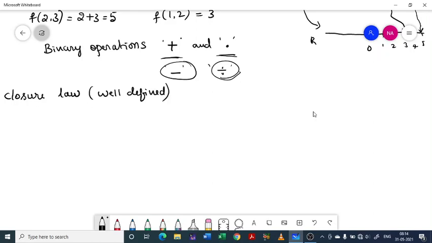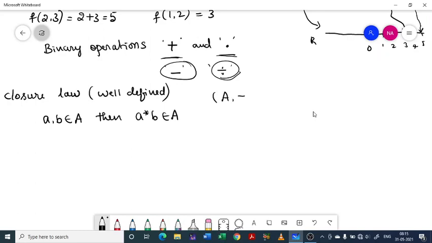What this law does is verify whether the given operation is well defined or not. The law says: if a and b are members of A, then a star b must be a member of A. This is what the closure law says.